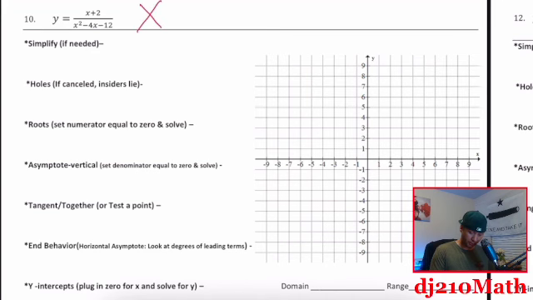What two numbers multiply to make negative 12 that add up to negative 4? 6 and 2. So negative 6, positive 2. So this is going to be x plus 2 over x minus 6, x plus 2.